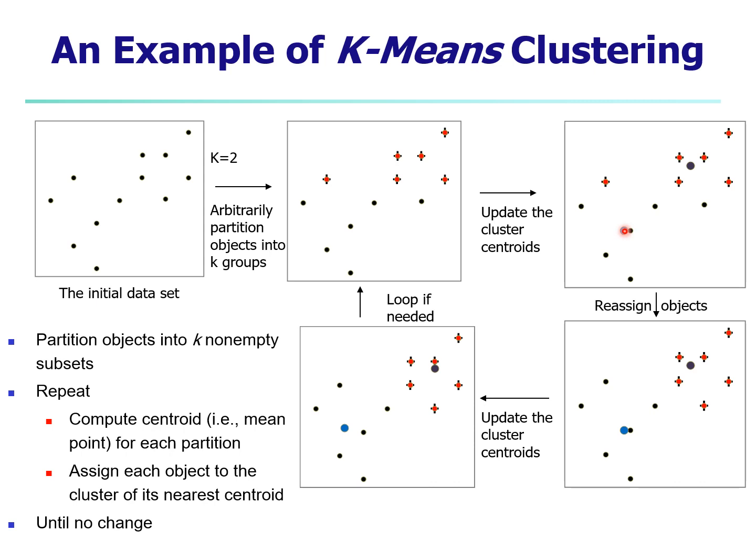Then we will identify the seed points or the cluster centroids. So this point is this cluster centroid, and this point is this cluster centroid. Now we calculate the distance between each object and the centroids and assign objects accordingly. After doing this, we find that this object here is closer to this centroid than that centroid, so this object will belong to this group.